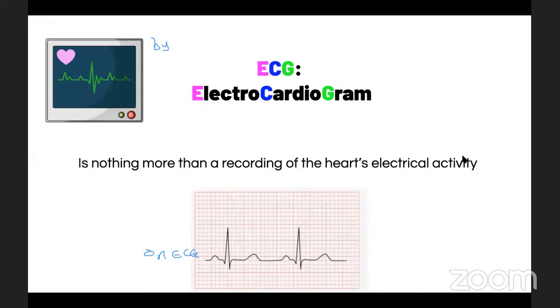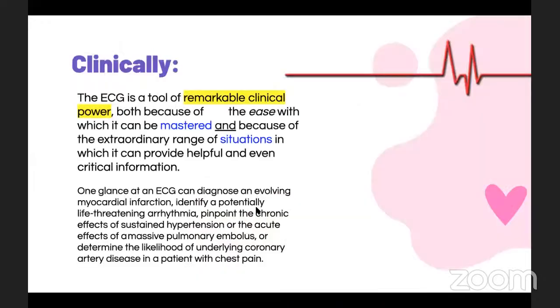Let's complete with the clinical importance. Next slide, please. Okay, so clinically, why is it important? It's remarkably important with remarkable clinical power because of two different reasons. Number one, it's very easy to master. Why is it easy to master?